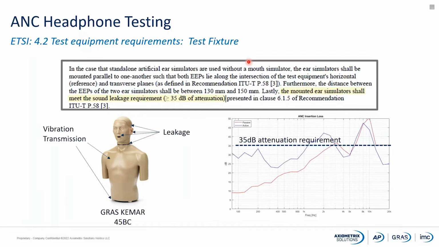Another consideration when it comes to the ETSI standard is that the standard recommends the use of a head and torso simulator that has at least 35 dB of attenuation.